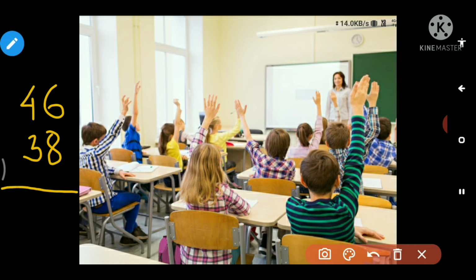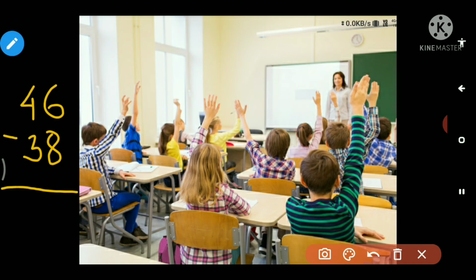So now we'll do what? Subtraction, because here it states a comparison, and I already told you that whenever the question asks about a comparison, how much more, how many more, we will always do subtraction.